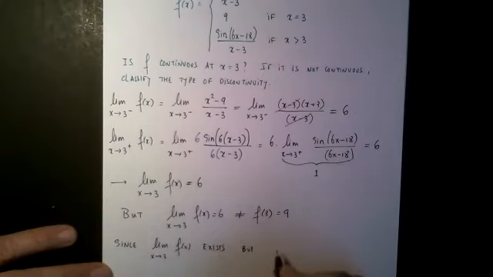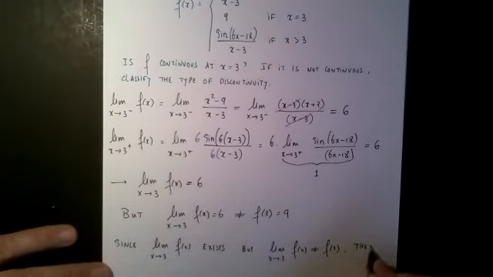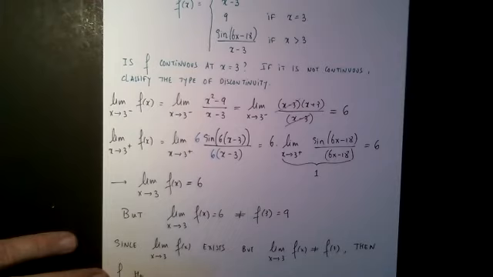So since the limit as x approaches 3 of f of x exists, but the limit as x approaches 3 of f of x is not equal to f of 3, then f has a removable discontinuity at x equals 3.